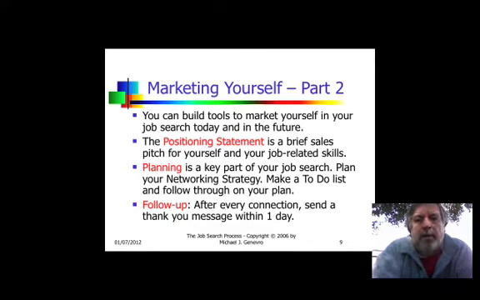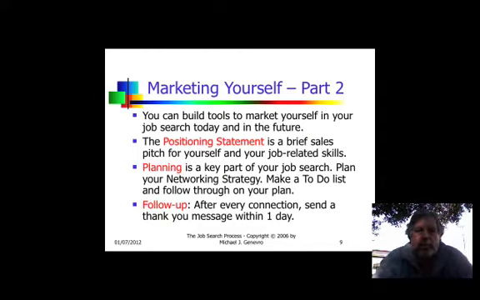Planning is a key part of the job search process. Always have a next step that you're going to take. Never get in a situation where you are either high or low or anywhere in between and you don't know what you're going to do next. Always plan ahead. Always have another contact you're going to make, another conversation you're going to have, another job you're going to research, another job you're going to apply for.